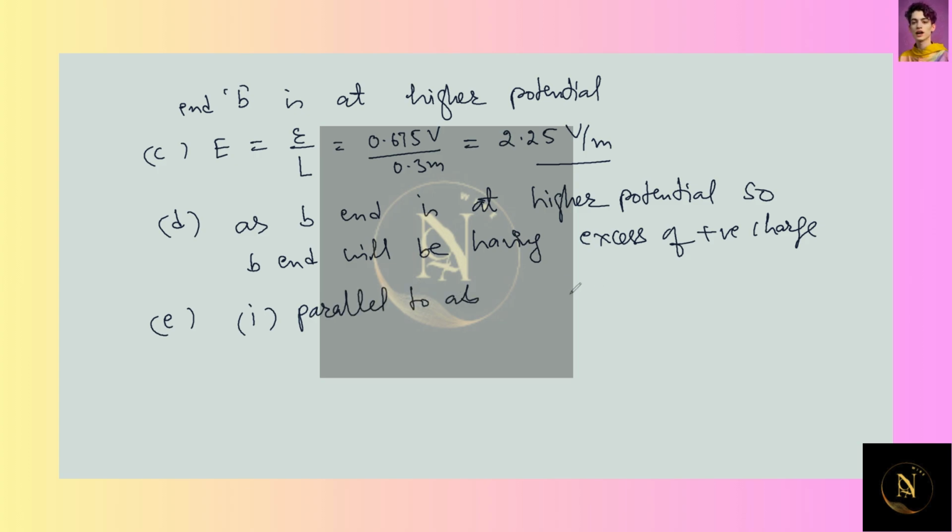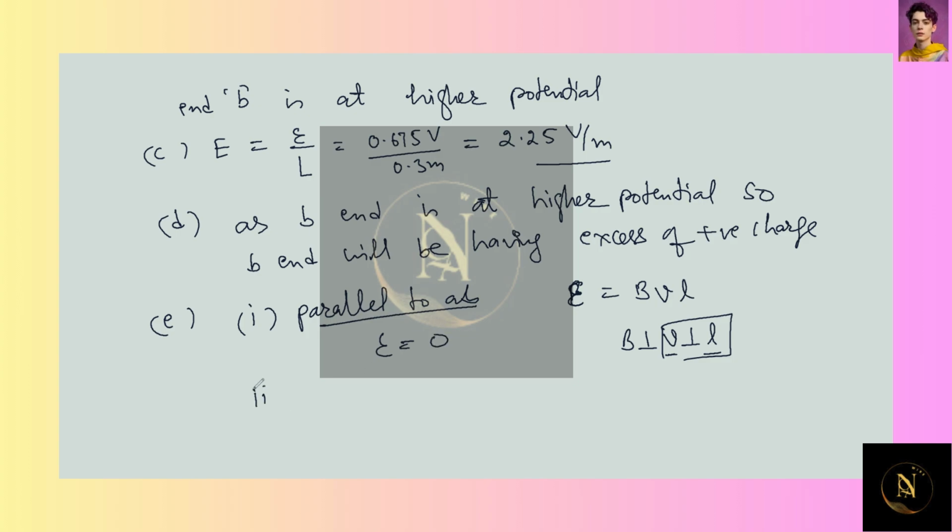But we know in the expression for the induced EMF, the three terms B and V and L, all these three should be perpendicular to each other. So if the rod starts moving parallel to AB, then the velocity vector will become parallel to length vector. So the EMF induced will become 0.